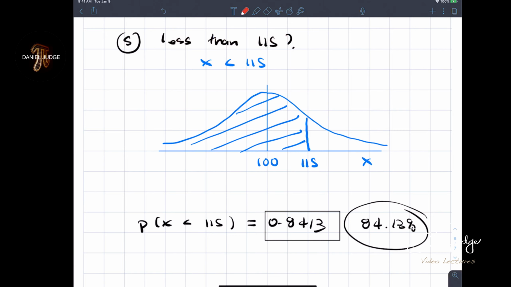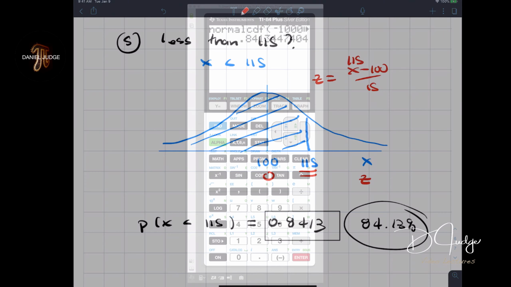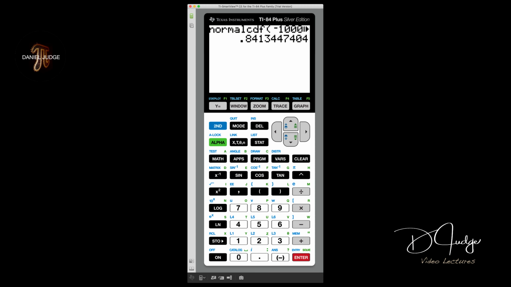Right? I'm going to convert every X value to a Z value. The mean is 100. What's your conversion formula? Z is X minus 100 over 15. I'm going to plug in now 115. Let's see what this becomes as a Z value. 115 minus 100.